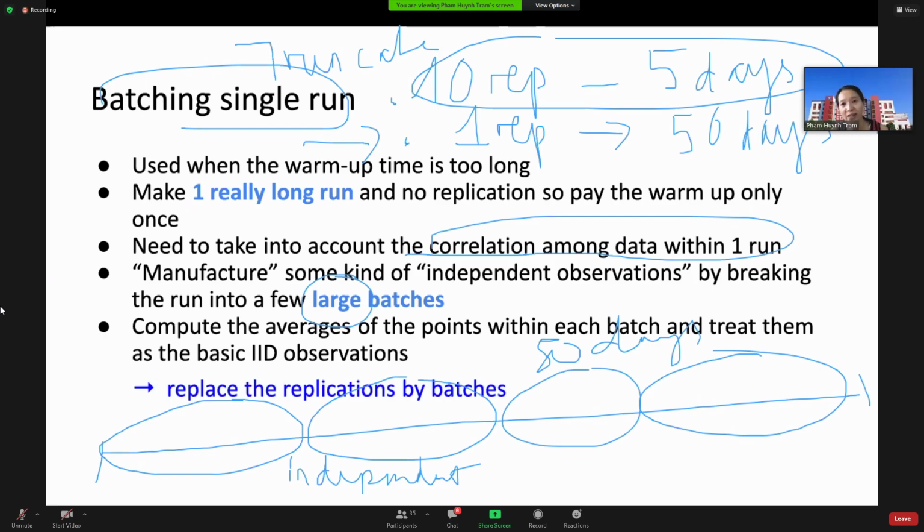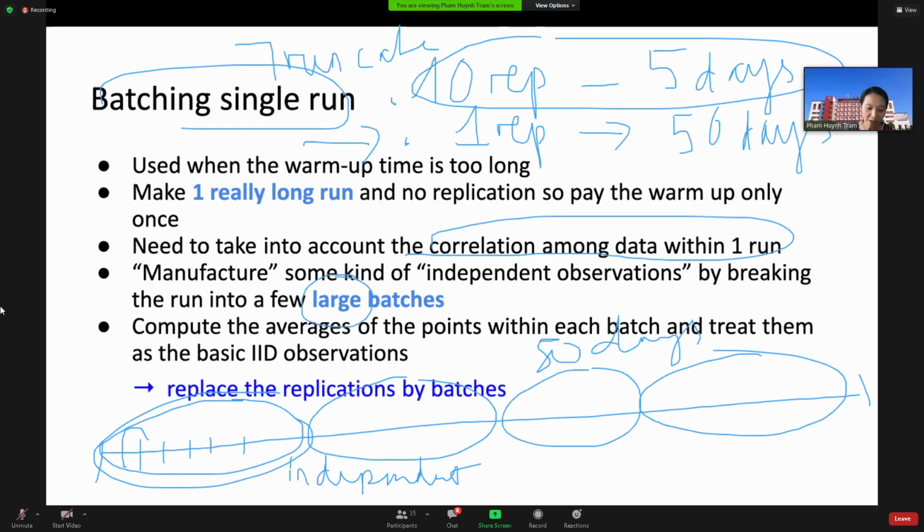People have tried it with simulation and grouped the data into batches: the larger the batch, the more the average of each batch will be independent from one another. If we look at individual data, they are highly correlated with one another. But if we group into batches that are large enough, the batches will be independent. So this is a technique for analyzing the output of one single, very long run.